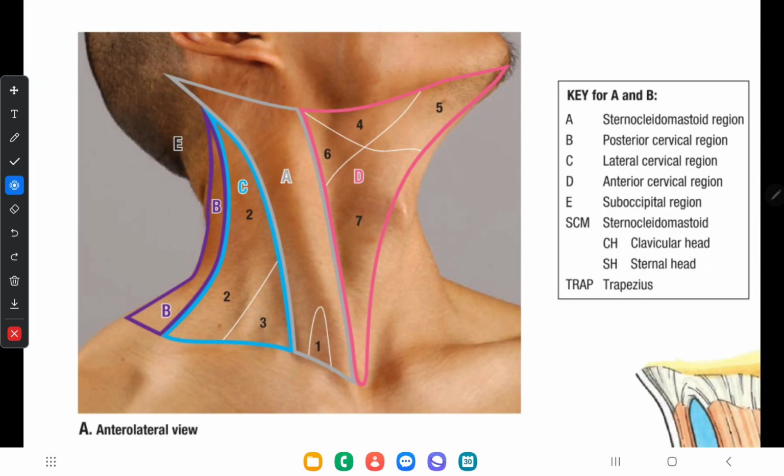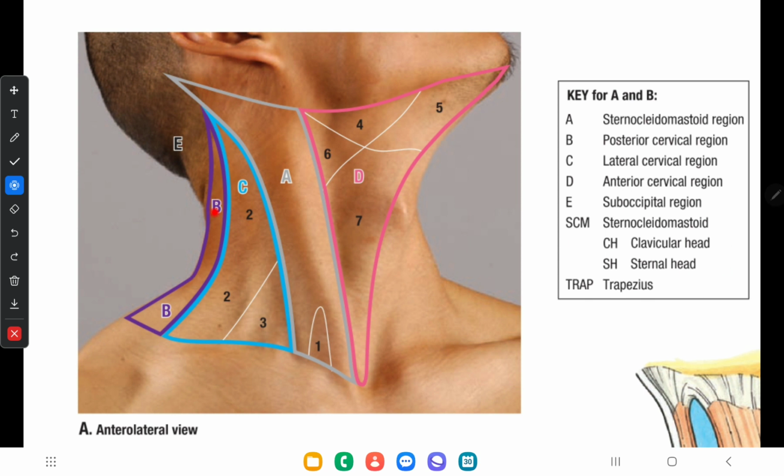From this picture you can see the various regions of the neck very superficially. It is like a surface marking, and here you can see D is the anterior cervical region, A is the sternocleidomastoid region where the sternocleidomastoid muscle is situated, C is the lateral cervical region, and B is the posterior cervical region.